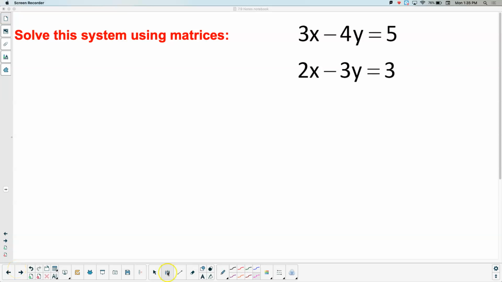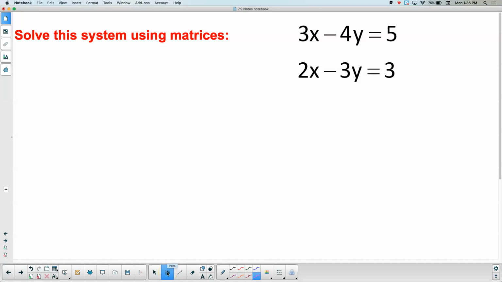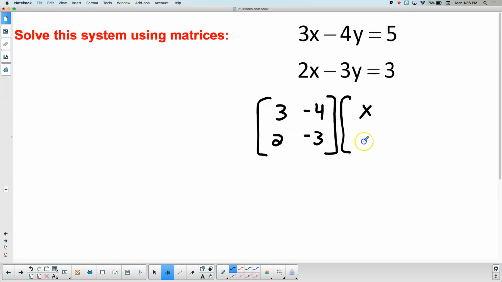So this would be 3, negative 4, 2, negative 3, X and Y, 5 and 3.